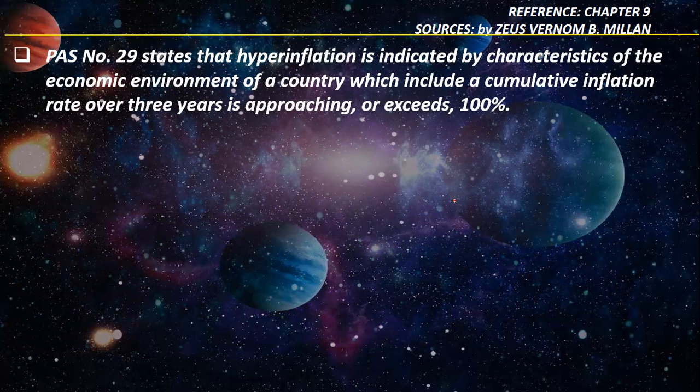That is what we computed earlier. From 100, the GPI became 425 in 2011. There's a difference of 325, and over 100 that is 325%, which exceeds 100%. So the problem indicates that there is hyperinflation.